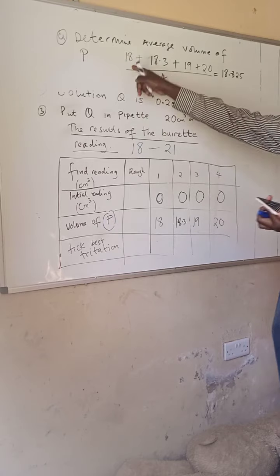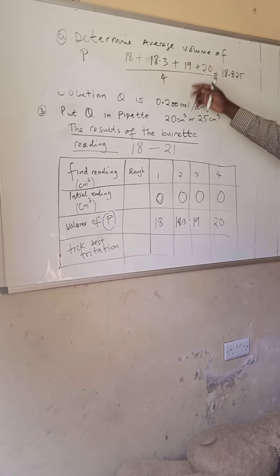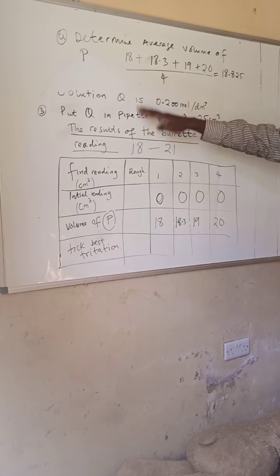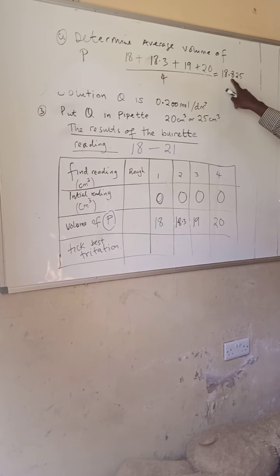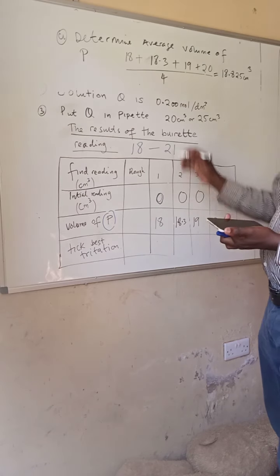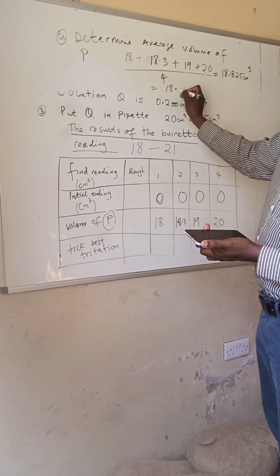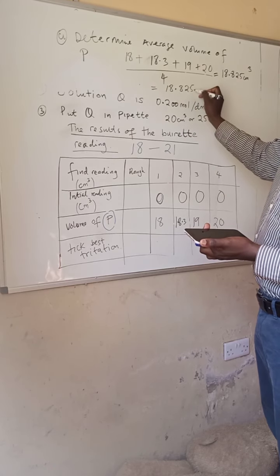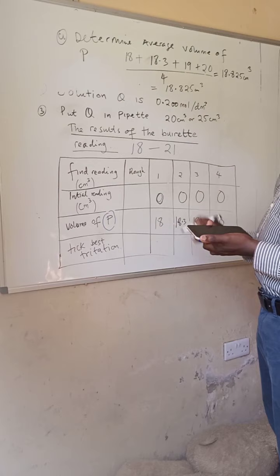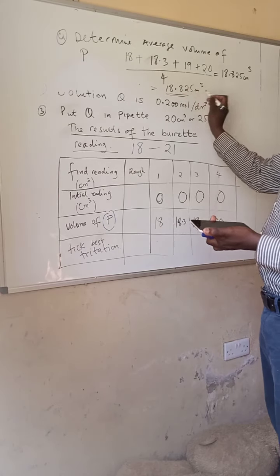I've added this plus this plus this plus this, and I've divided by 4 since there is no space here. Don't get confused. The answer I've got here is 18.825 cubic centimeters. This is the answer, the average titration.